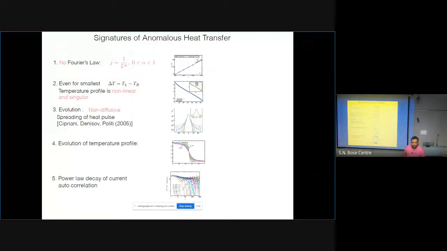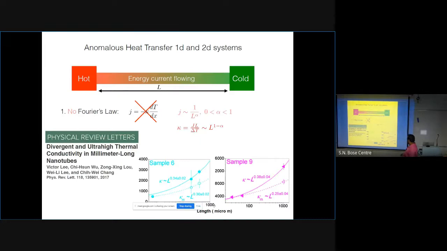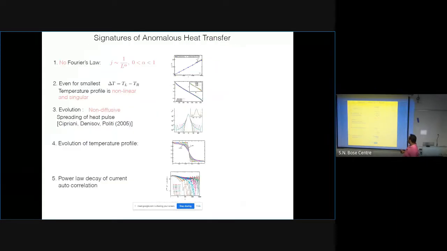These are experimental, not simulation, that you are showing, right? These are simulation, but you have some experiment for this kind of temperature profile. Sorry, what is divergent? Conductivity. No, sorry, next slide. It says that the density profile is divergent.